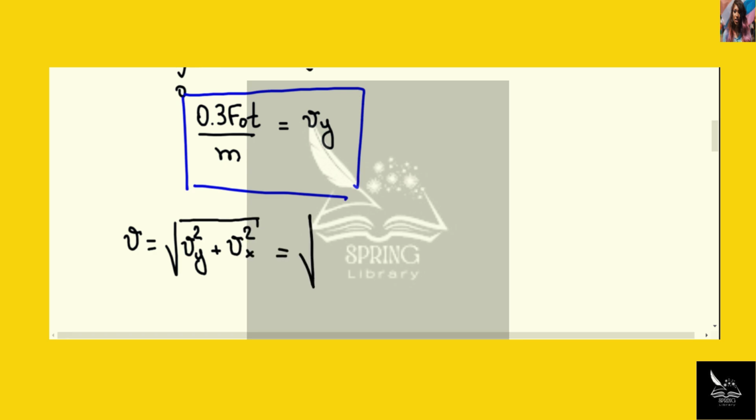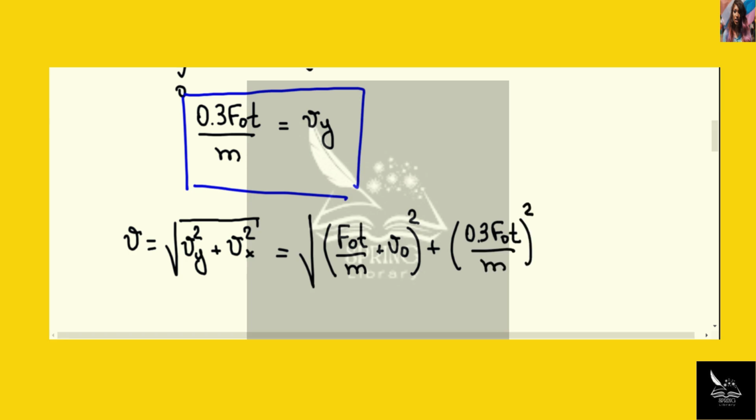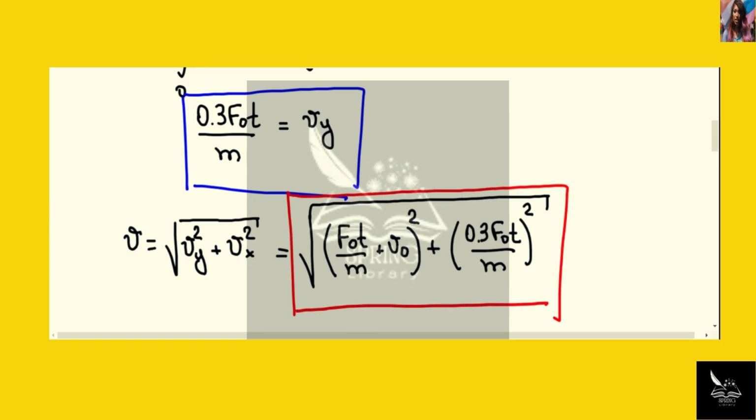So this is the square root of F0 t divided by m plus v0, squared, plus 0.3 F0 t divided by m, squared. So this is the speed at any time. This is the first part.